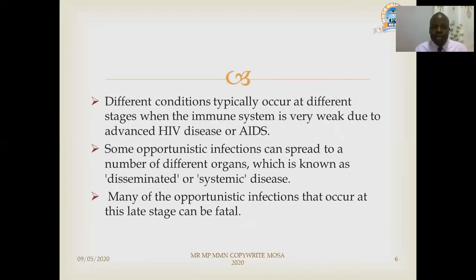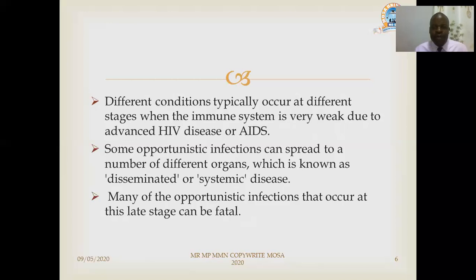Different conditions typically occur at different stages when the immune system is very weak due to advanced HIV disease or AIDS. So these infections can occur at different levels depending on the level at which the disease process has reached. Some opportunistic infections can spread to a number of different organs, which is known as disseminated or systemic disease.